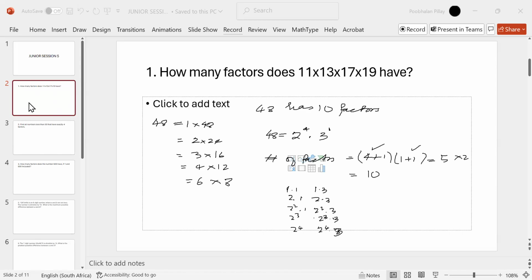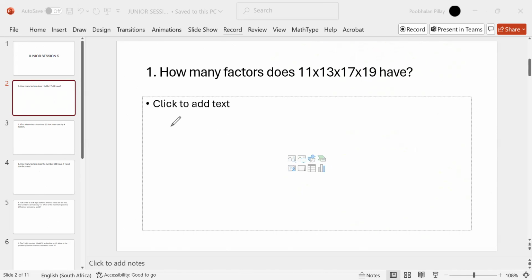So if we look at this problem here, the answer is, now these are all prime numbers. So it's 11 to the 1, 13 to the 1. None of them is more than 1. So these are the exponents. You increase each of the exponents by 1, the first one, the second one, the third one, and the fourth one, and multiply them.